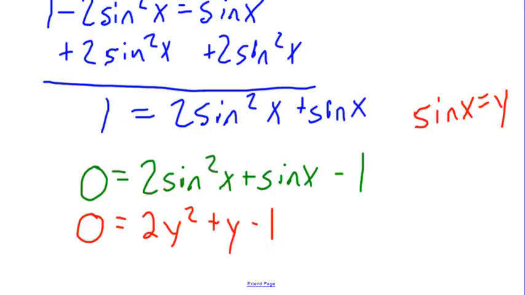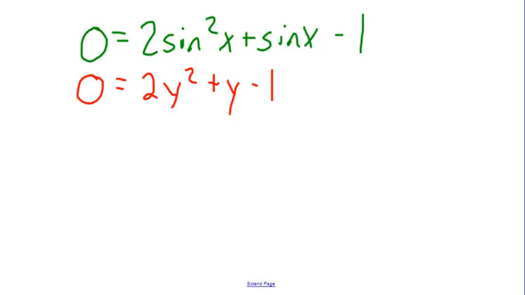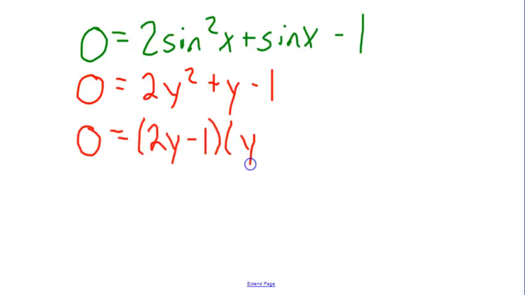That is what we're trying to solve. That's a quadratic. You've seen that before. So if we can factor this, then we can replace sine of x back in for y once we get it factored. And this is going to factor into 2y minus 1 times y plus 1.